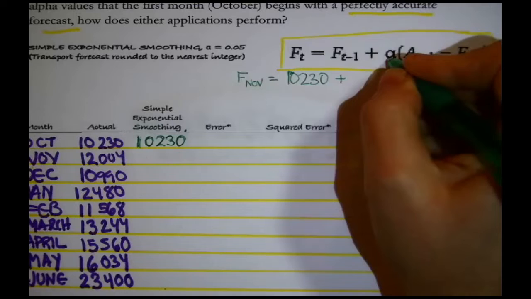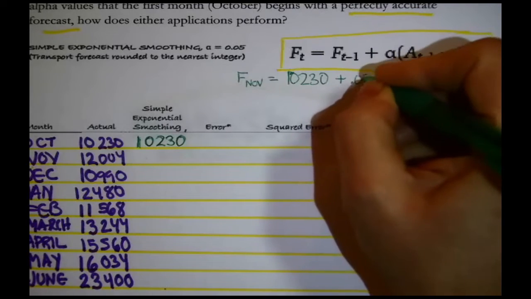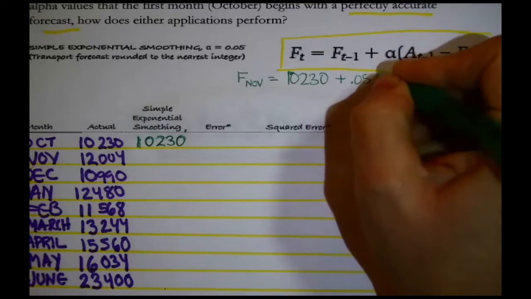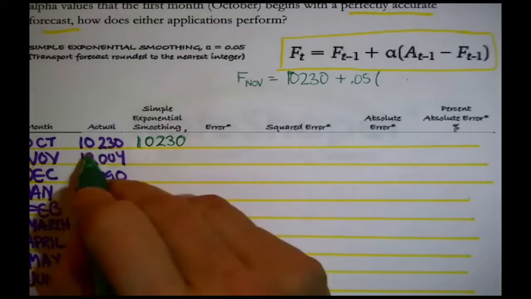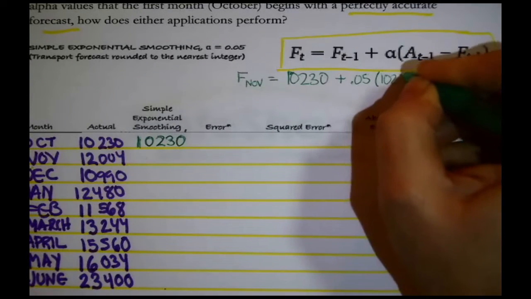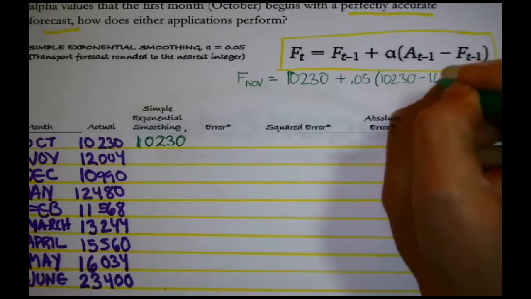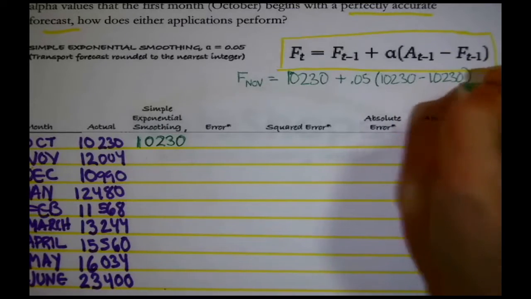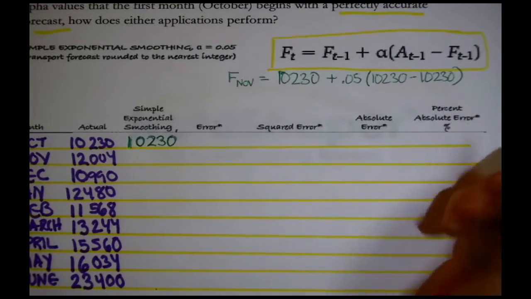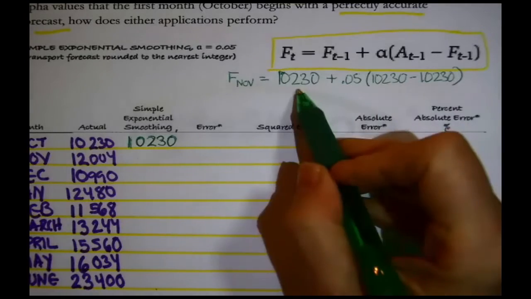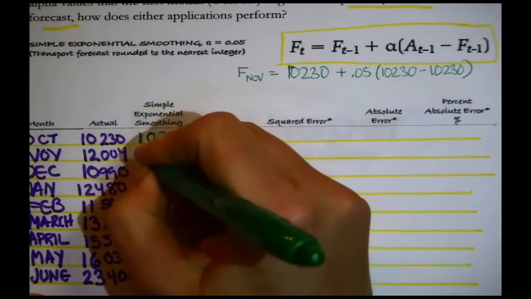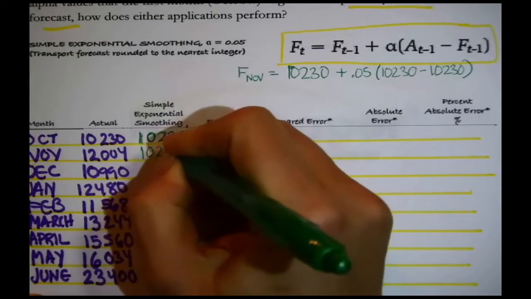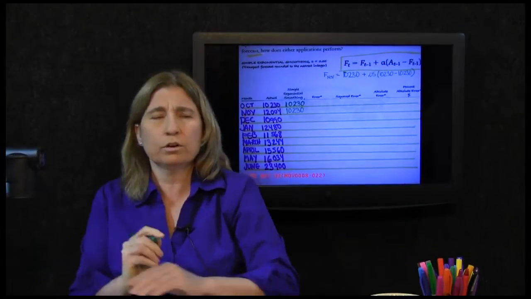Plus alpha, we're doing 0.05 here, times what actually happened in October. 10,230 was the actual. No, wait a minute. And then the forecast was the same thing, because we were told to assume that, which means that's 0, which means you don't add anything, which means yes, your forecast for November is also 10,230.